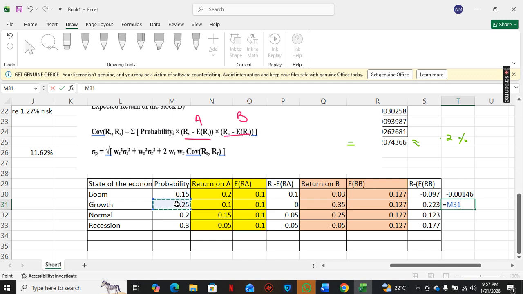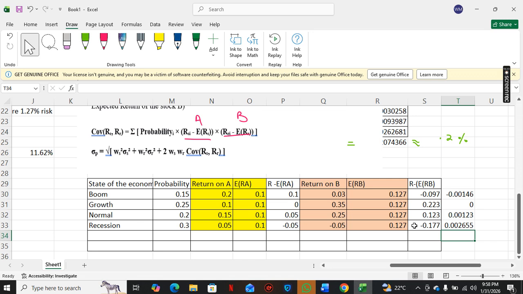Probability multiplied by the deviation for A multiplied by the deviation for B.